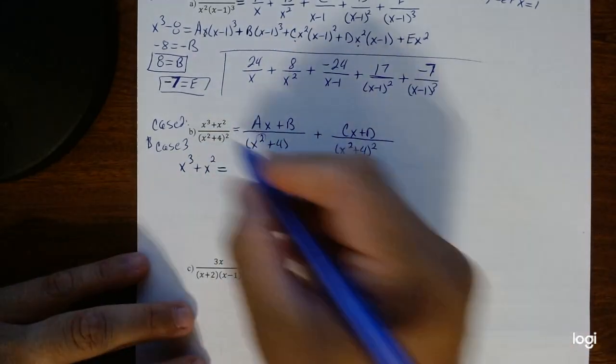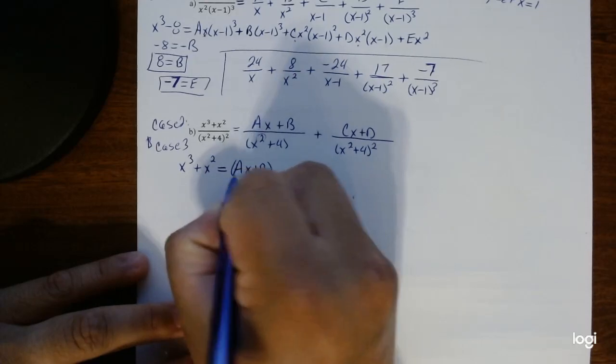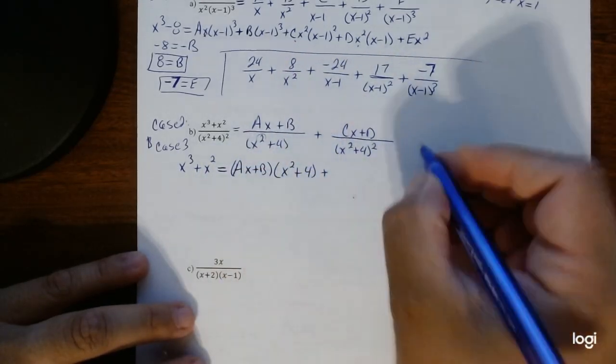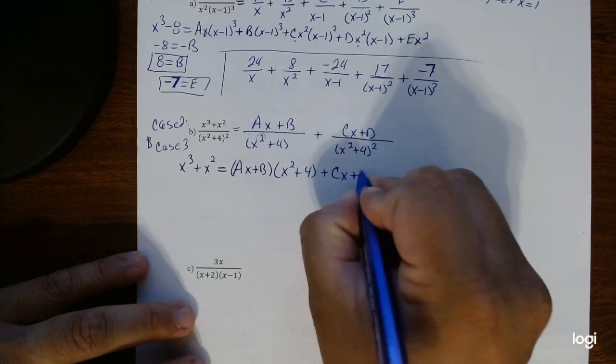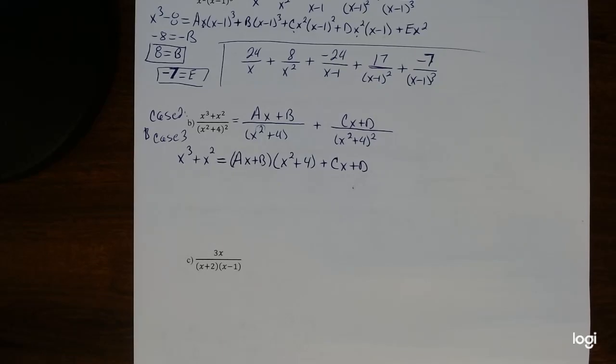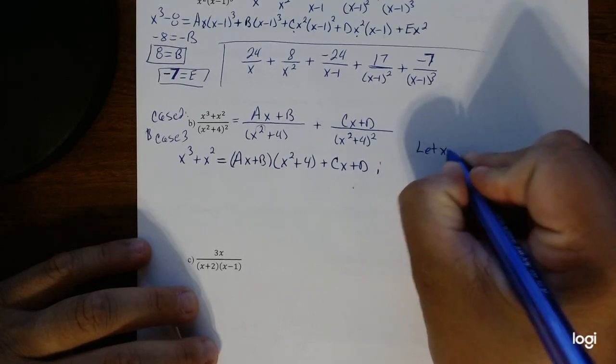So on this side, we're going to multiply this whole thing by one of it, because we only need one of it. And the nice thing is on the other side, we have everything. So it's literally just that. So again, we need 4 letters. We can kind of subsidize, right? So again, let x equal, let's say, 0.